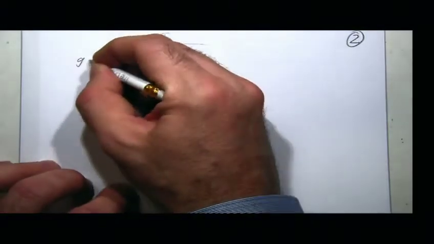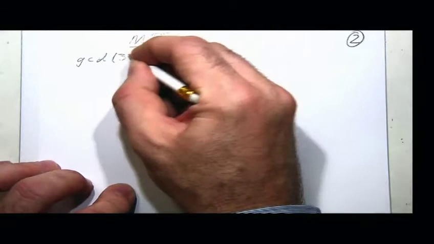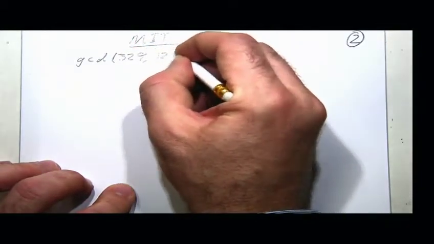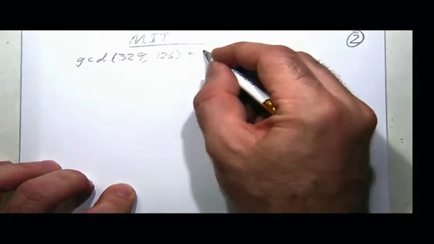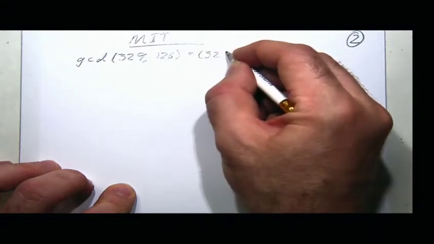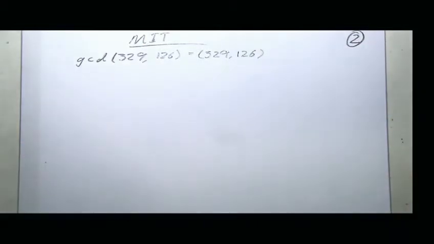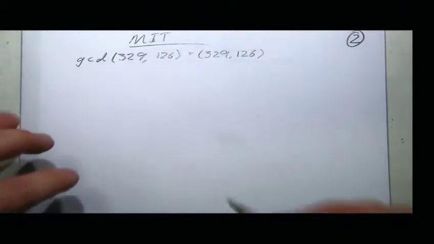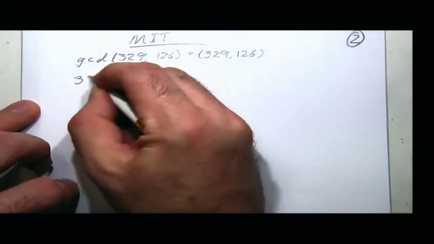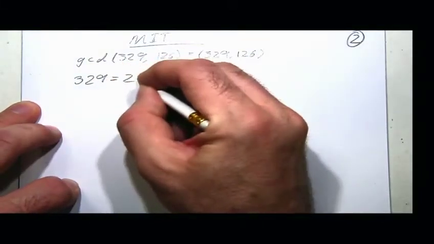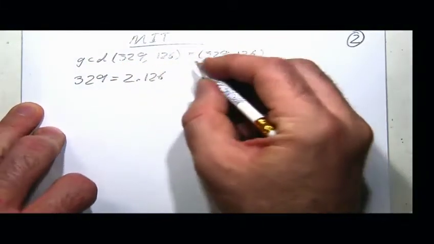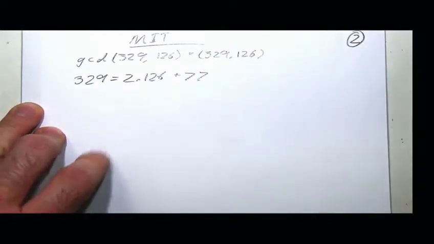So where did my numbers go? I did a fancy example just to work out what's going to happen. We want the greatest common divisor of 329 and 126. If you're looking in textbooks, particularly number theory textbooks, they'll abbreviate that to just brackets, like a tuple. We're always going to start with the largest number. So we're going to have 329 is equal to 2 by 126 plus 77.